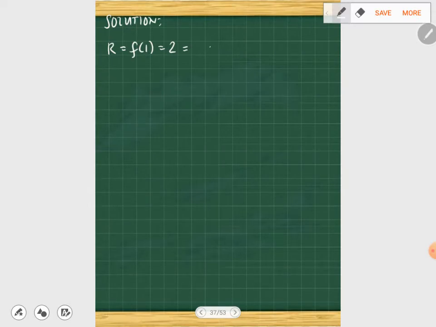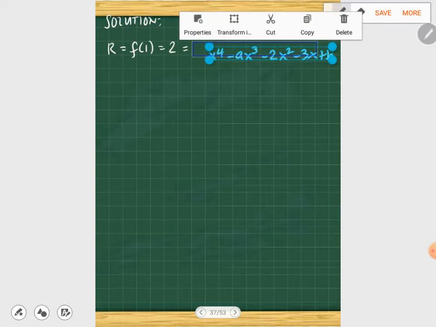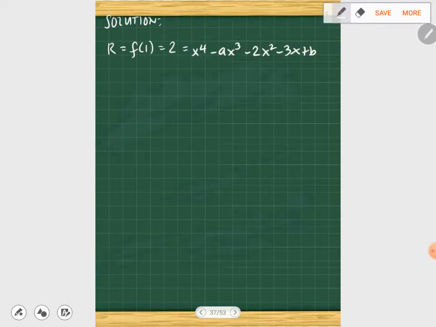So, ibig sabihin, papalitan lang natin ng 1 yung value ng x. So, this becomes 2 equals 1 raised to the power of 4 minus a times 1 raised to the power of 3 minus 2 times 1 squared minus 3 times 1 plus b.